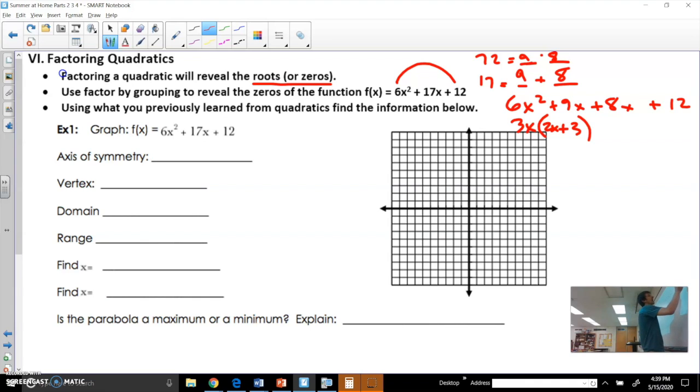Looking at 8x and 12, those are both divisible by 4. 8 divided by 4 gives 2 with the x as well, and 12 divided by 4 is 3. So now we have our factor pairs: 2x plus 3, and also 3x plus 4.